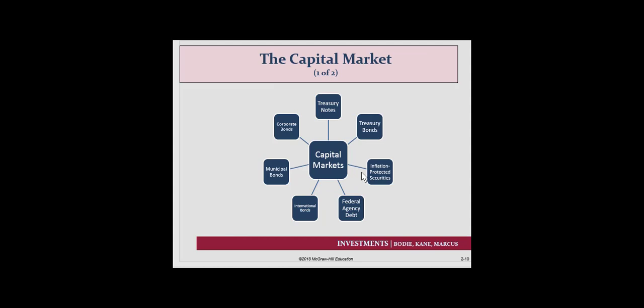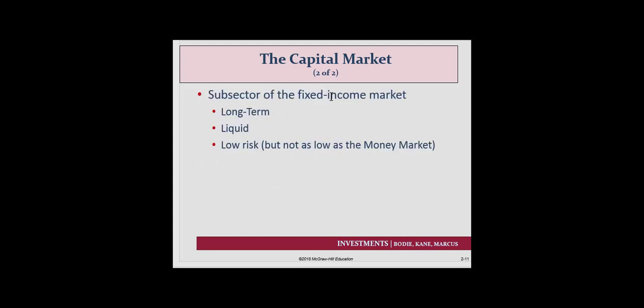What about capital markets then? What can we talk about the capital market and bonds? Well, obviously, there are a lot more of these to talk about, even though they fall into some basic categories. It's a subsector, the capital market, again, subsector of fixed income.